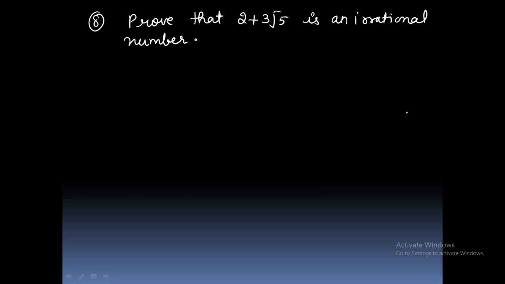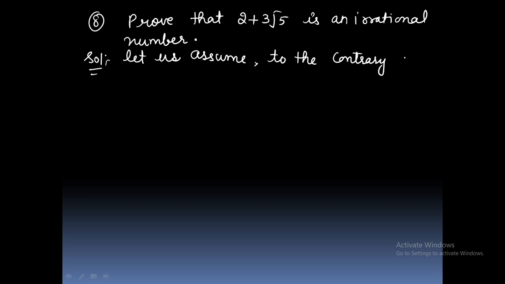For solving this question, first of all, we will write, let us assume to the contrary that 2 plus 3 root 5 is rational. First of all, we will assume that it is a rational number.